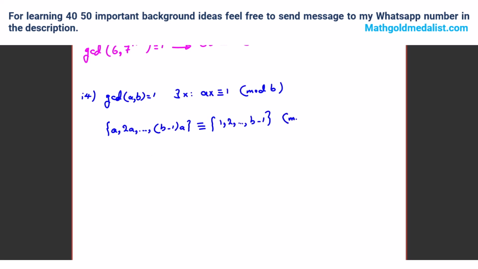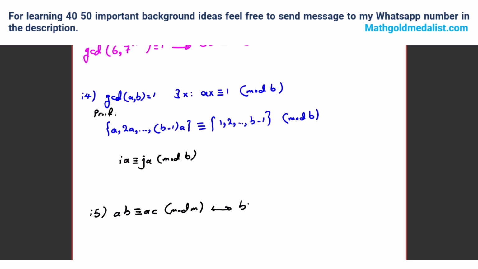How can we prove this? If ia is congruent to ja mod b, we have a rule in modular arithmetic: if ab is congruent to ac mod m, then it is equivalent to dividing both sides by a, but you should pay attention that you should write m over GCD of m and a. It is very important.